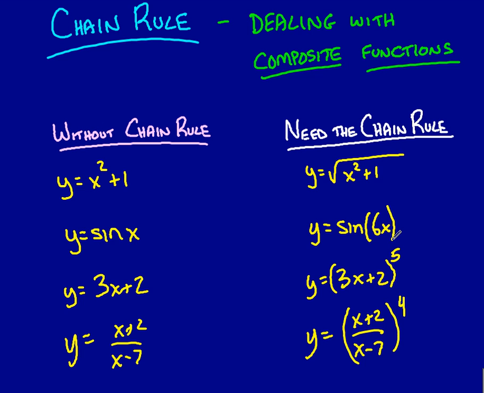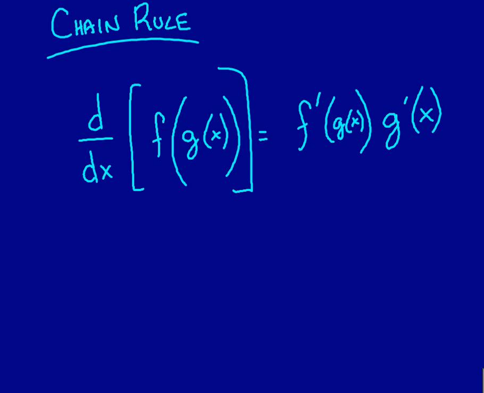So, as for what the chain rule is, if I have an outside function and an inside function, the derivative of that function, you would take the derivative of the outside function with respect to the inside function, and then multiply by the derivative of the inside. So you can see it, there's your outside function, here's your inside function.